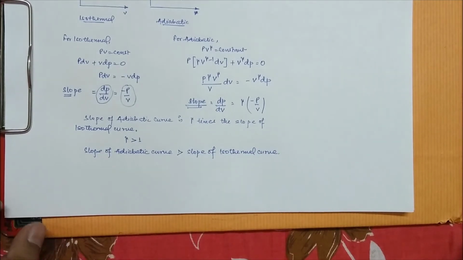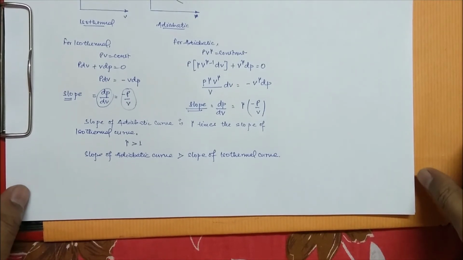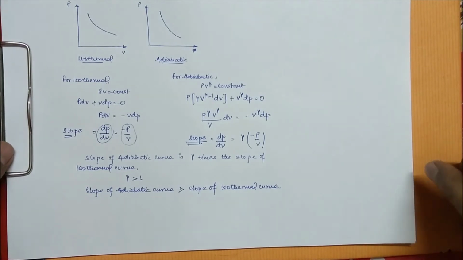So we can now observe the slope of both the curves and say which curve is an adiabatic curve and which curve is an isothermal curve.